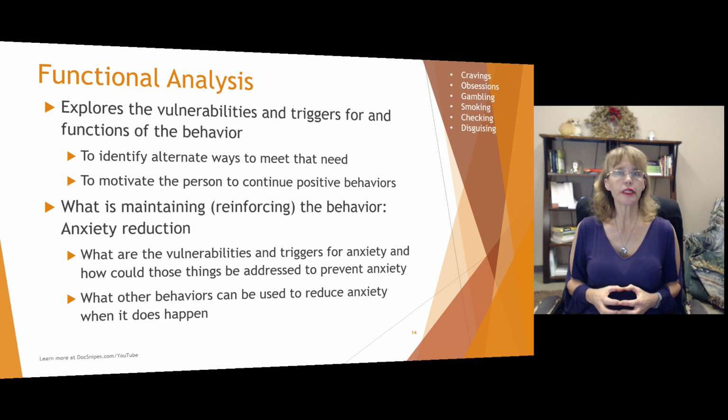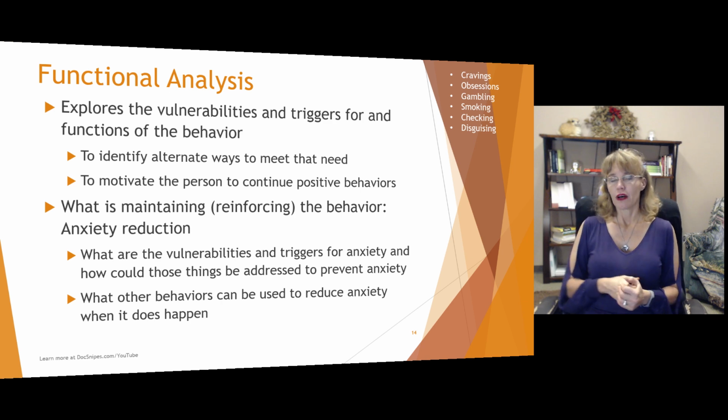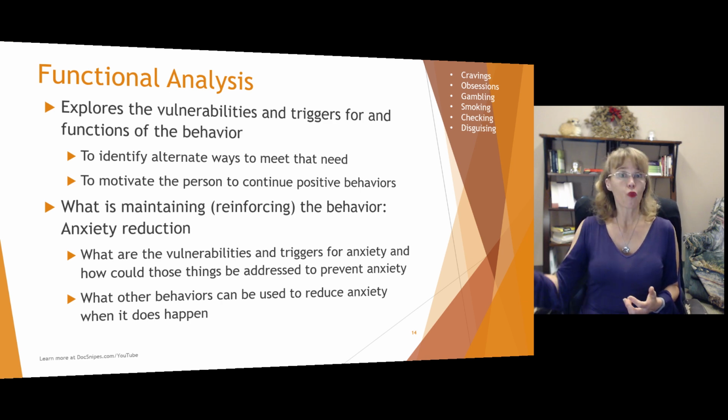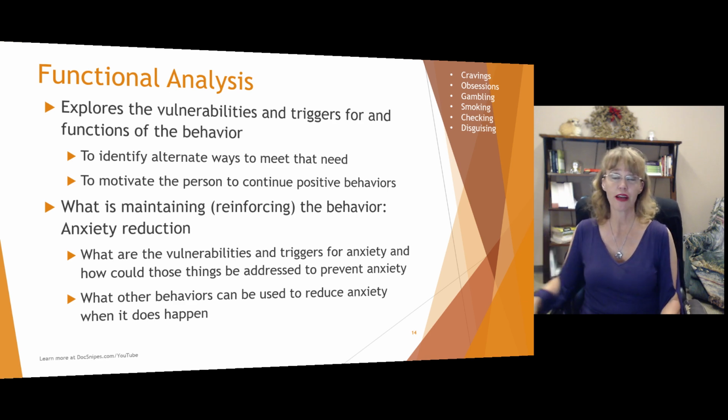Because there are going to be times things happen. You hear a bump in the house in the middle of the night. You have a bad day at work and you're afraid you're going to get fired, whatever the case may be. What other behaviors can the person add to their toolbox so they can address the anxiety before it starts to spiral?